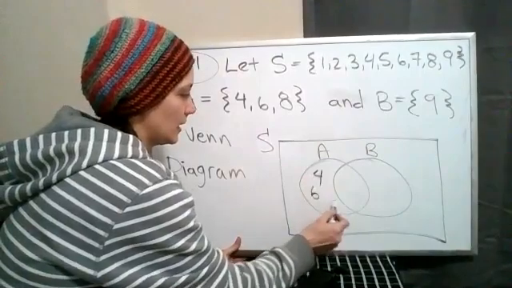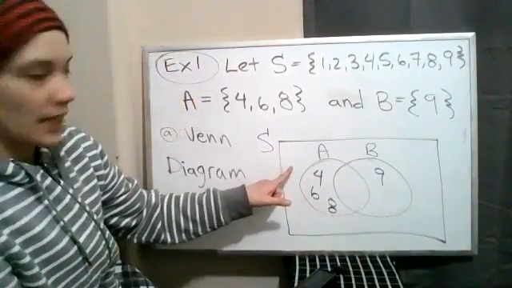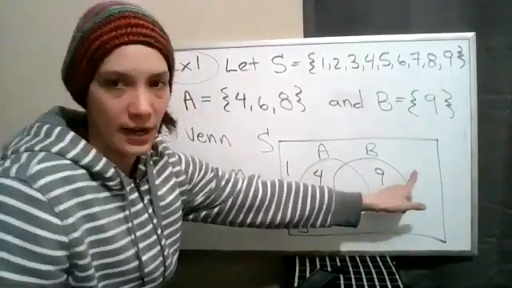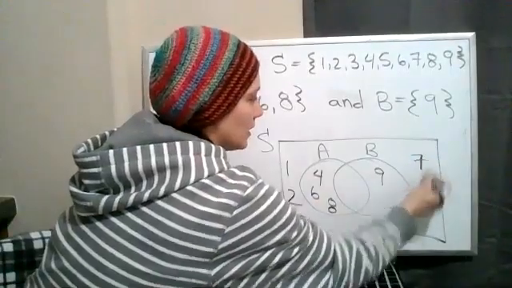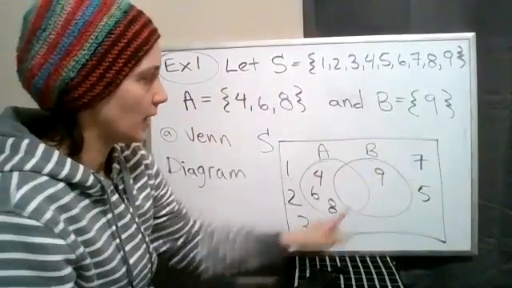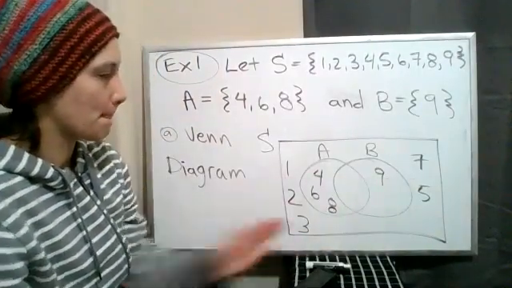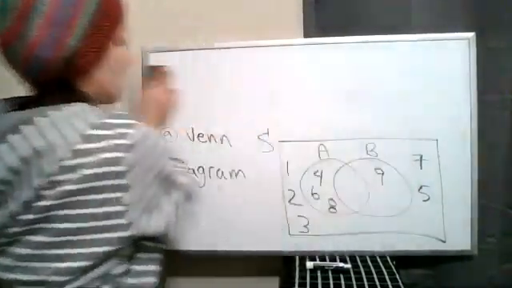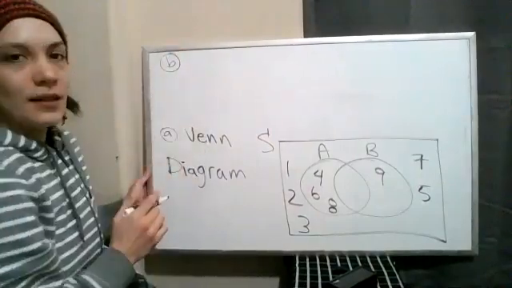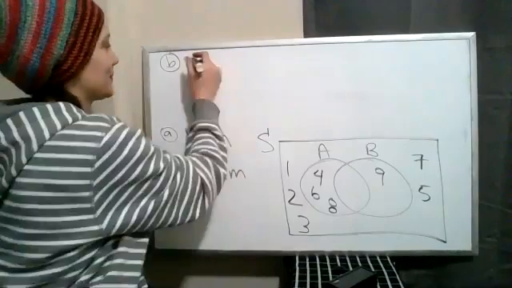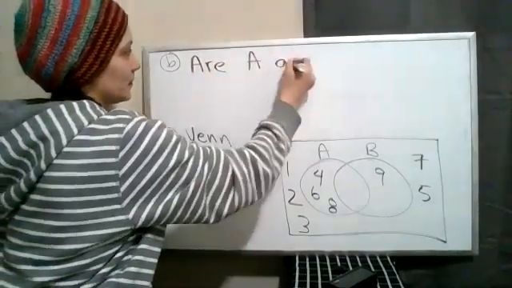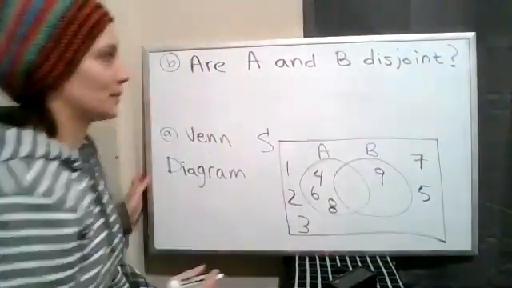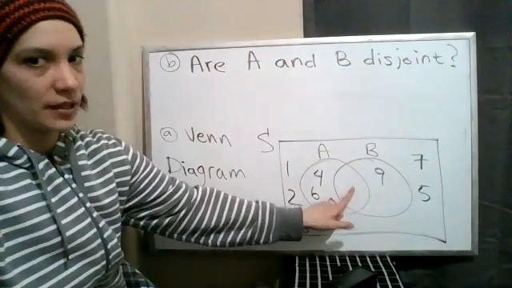So outside of those sets, we'll put 1, 2, 3, we've got 4, we need 5, 7. 5, 6, 7, 8, 9, and that's all of our outcomes. Are A and B disjoint? A and B are disjoint because they share no common outcomes.